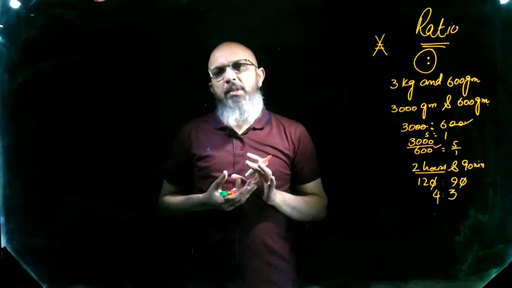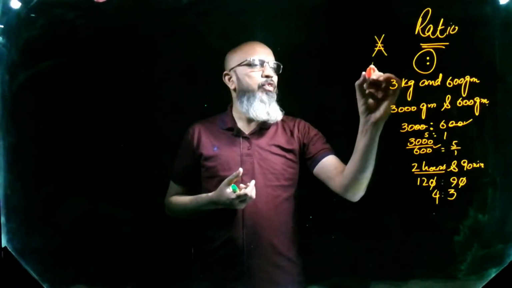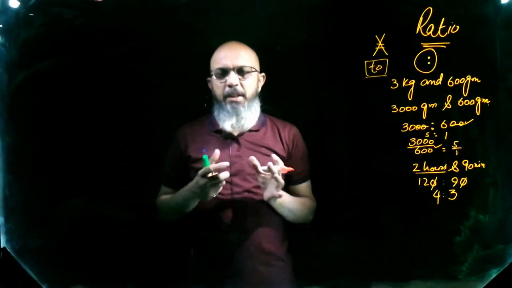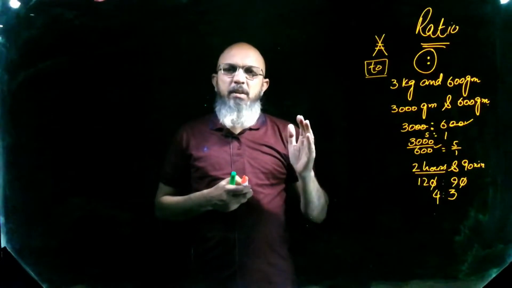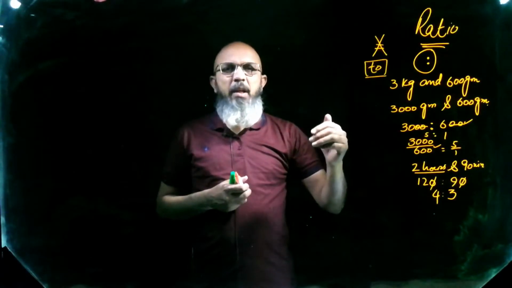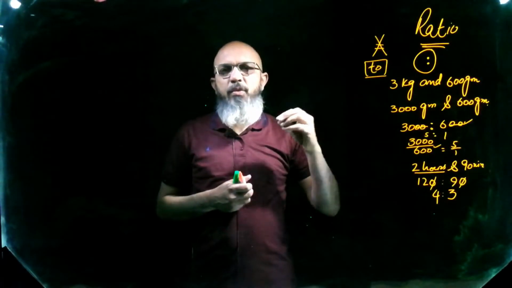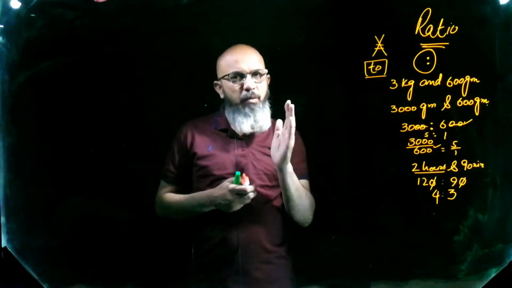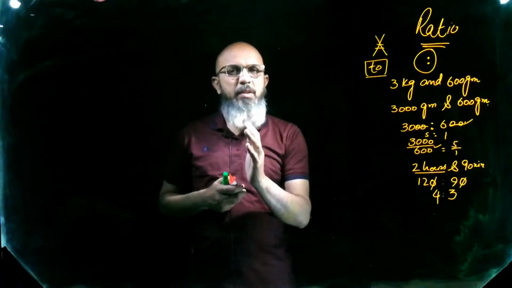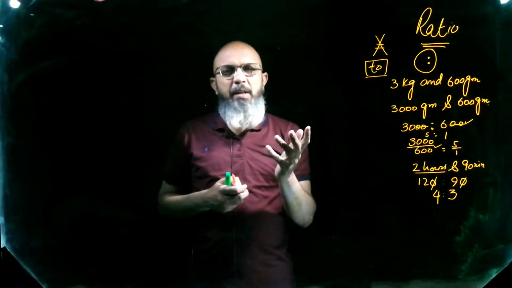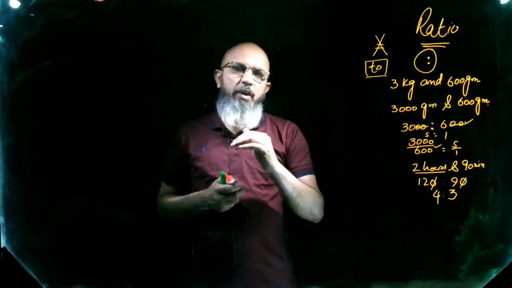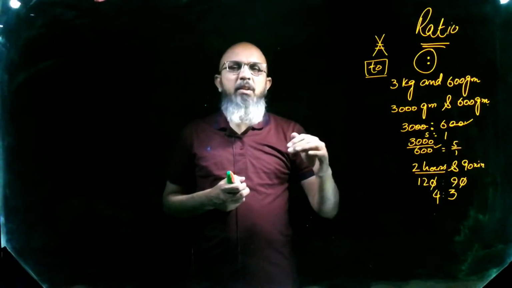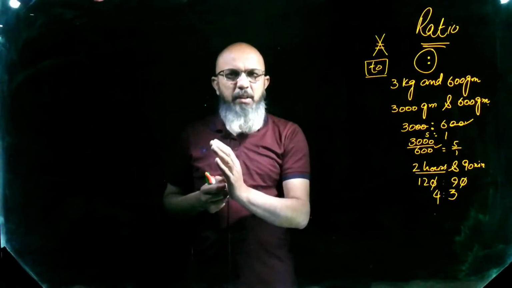In the statement questions there is a word "to". "To" is very important in ratio questions. Like the statement: there are 36 boys and 40 girls in a class. Find the ratio between boys to girls. It means you have to write the number of boys first. Similarly, find the ratio between boys and total number of students, so you write the number of boys first.